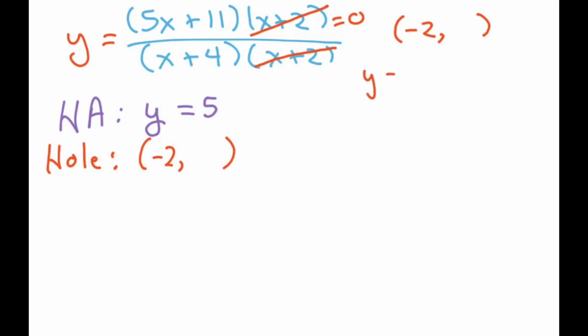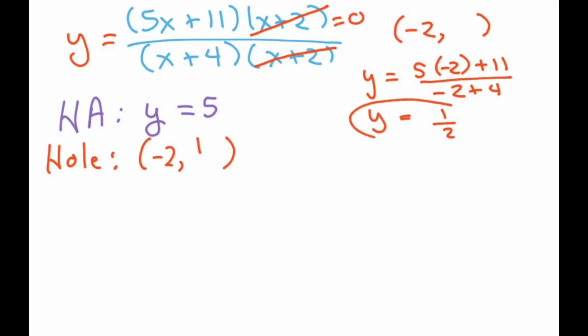So y equals 5 times -2 plus 11 over -2 plus 4. So this is -10 plus 11 is 1, over -2 plus 4 is 2. So this y part, y equals 1/2.